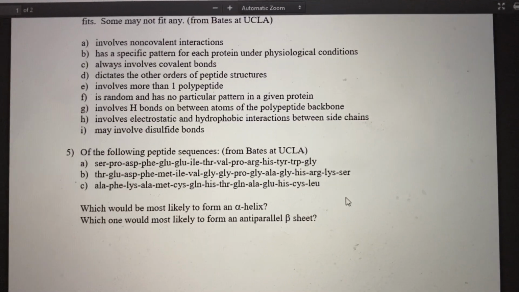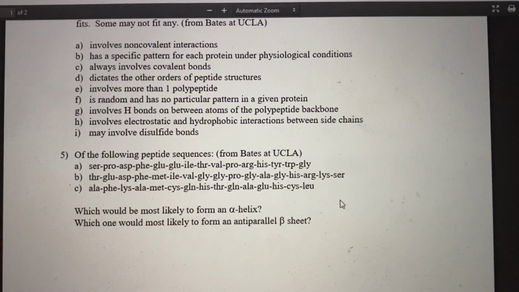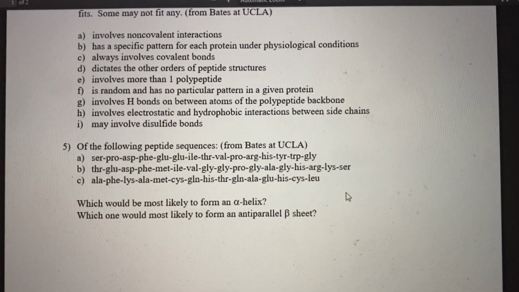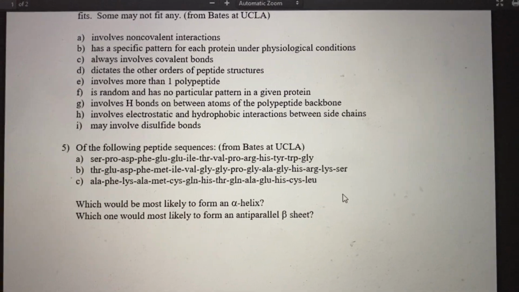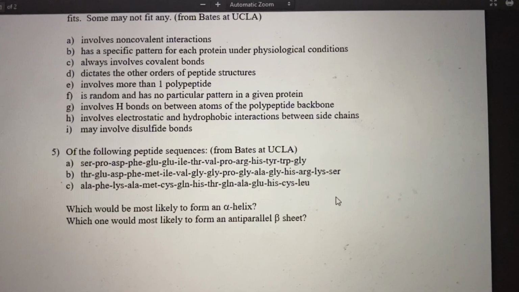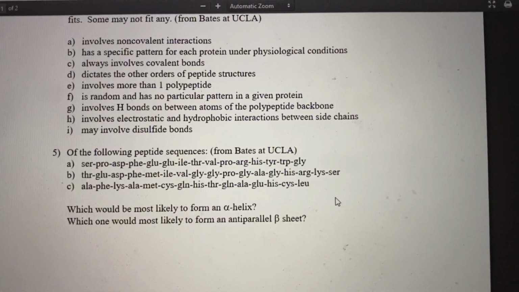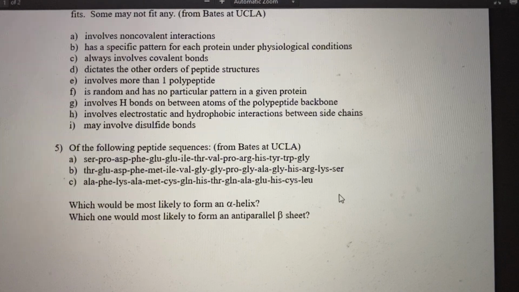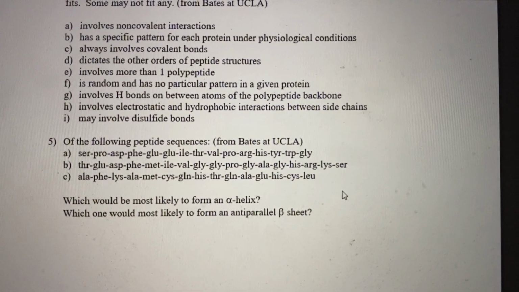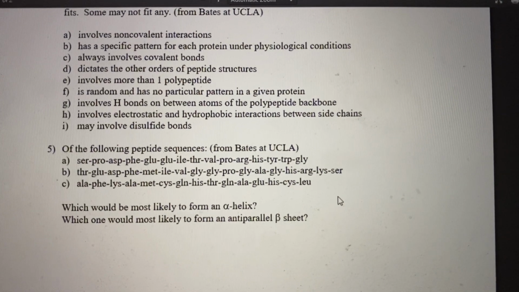And then remember the other rule, you look at amino acid 1 versus amino acid 3 or 4. If there are like charges near each other, when you look at amino acid 1 and 4, because of the way the alpha helix folds, it's not going to be an alpha helix, it'll be a beta sheet. Negative charges cannot be within 3 to 4 amino acids of each other, or bulky items. So if you can rule out alpha helix, it's a beta sheet.